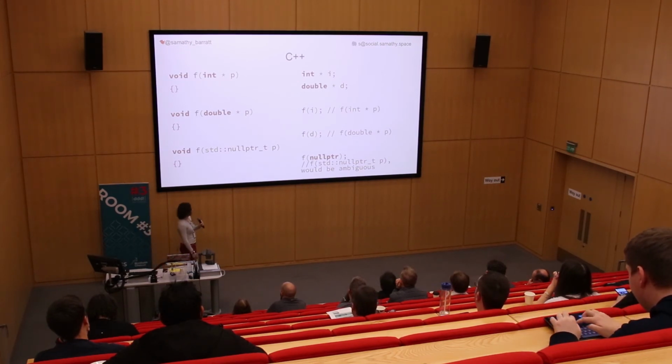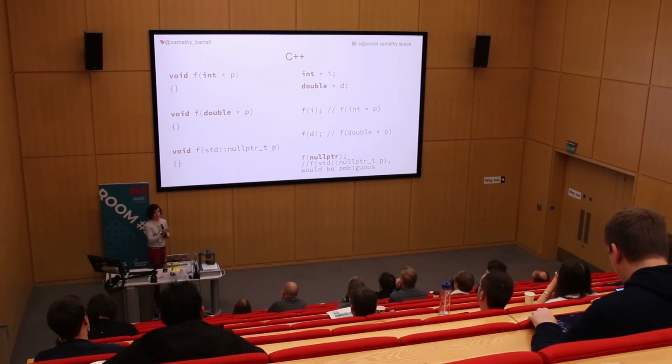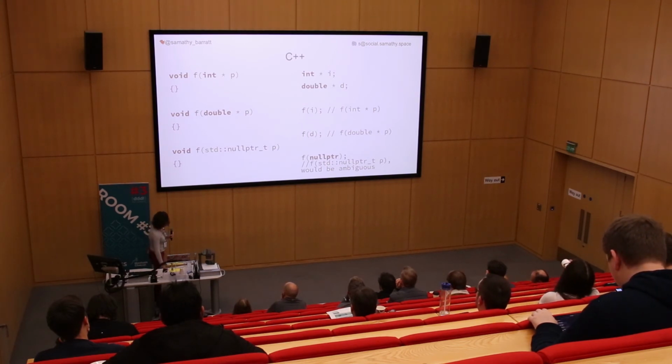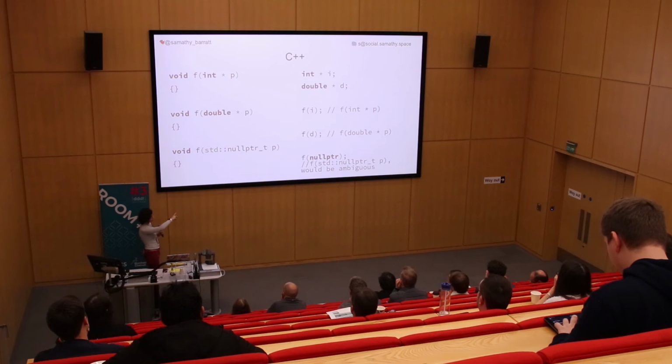However, if I pass in nullptr, so the reference to null, that could mean if I've got a variable that contains nullptr or is of type nullptr, if I pass that in and I didn't have this f at the bottom, which takes a nullptr_t, C++ would go, yeah, but nullptr could be an integer or a double. I don't know what you mean.